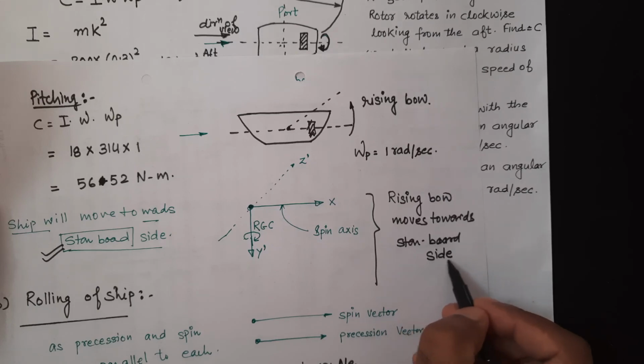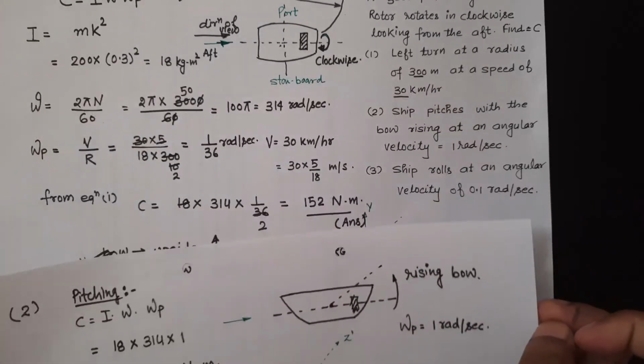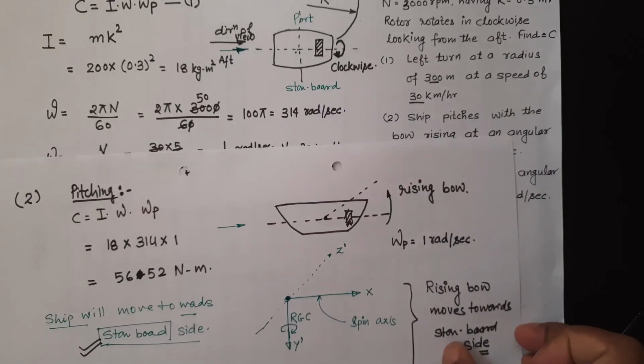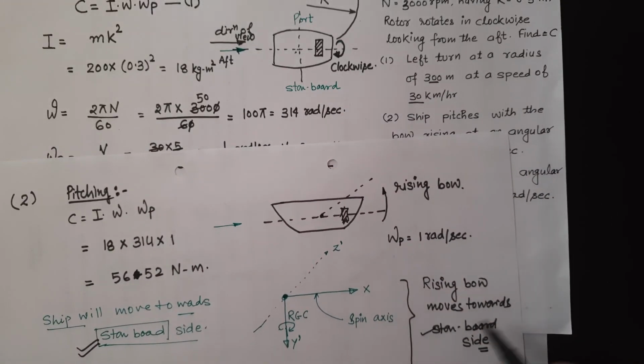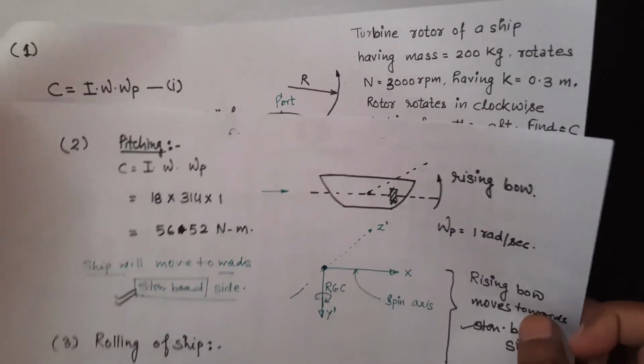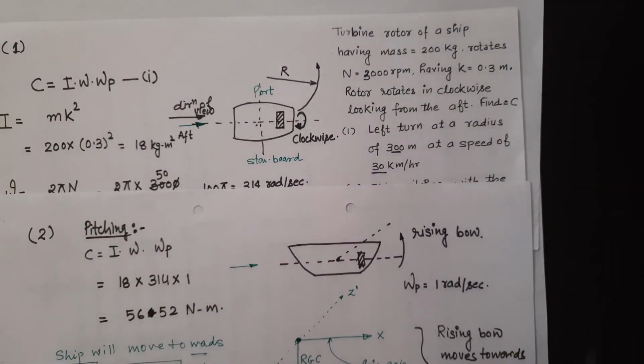So that will be your net effect. Rising bow because of steering, and it is moving towards the starboard side because of the pitching of the naval ship. So in that way we analyze and calculate various parameters involved in the motion of naval ships. Thank you.